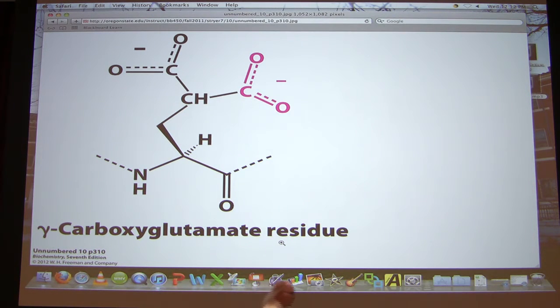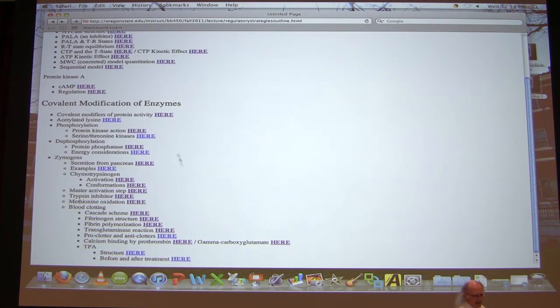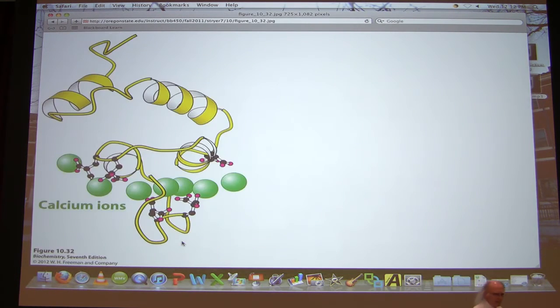Well, it turns out that when that extra carboxyl group gets added, prothrombin can all of a sudden bind calcium very, very well. With only one carboxyl group, prothrombin doesn't grab calcium worth a darn. But with two carboxyl groups, they sort of gang up on calcium and hang on to it.